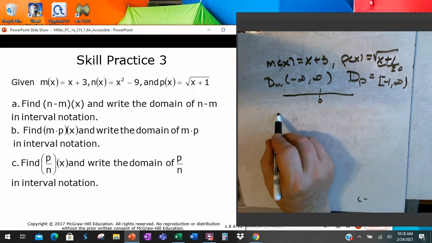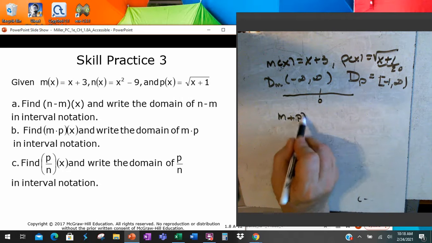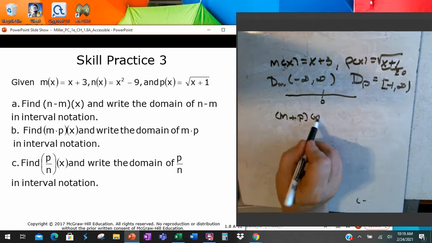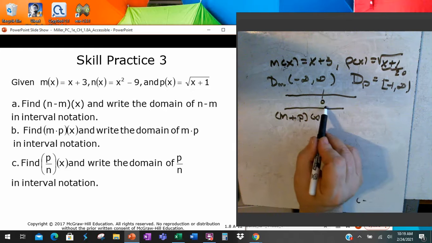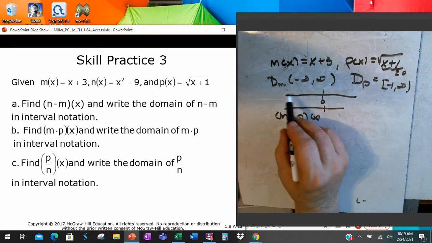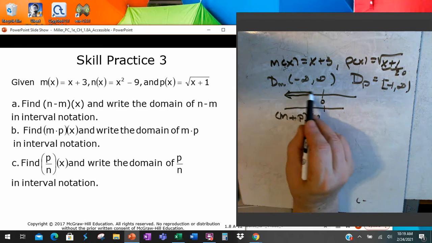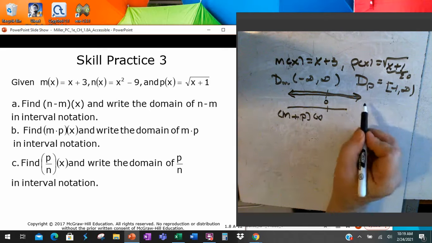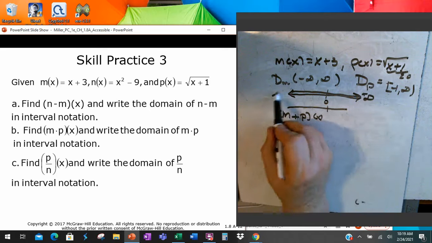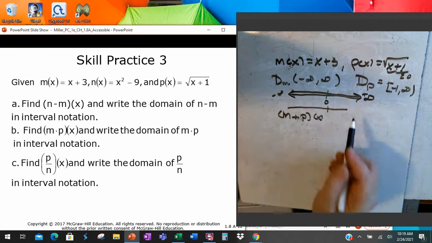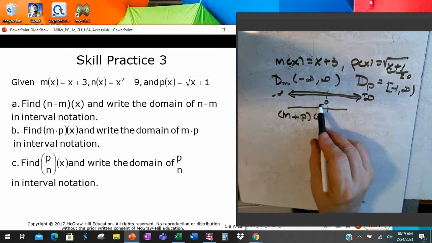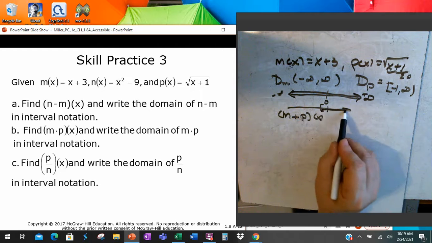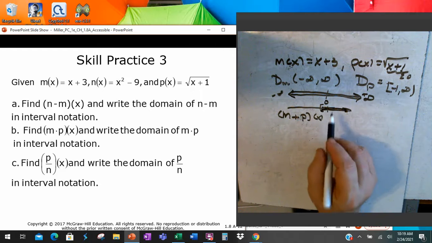So if I did m plus p of x, here's this domain. So this is all of this stuff, minus infinity to plus infinity. I can get anything out of here, but this one has to be in here.